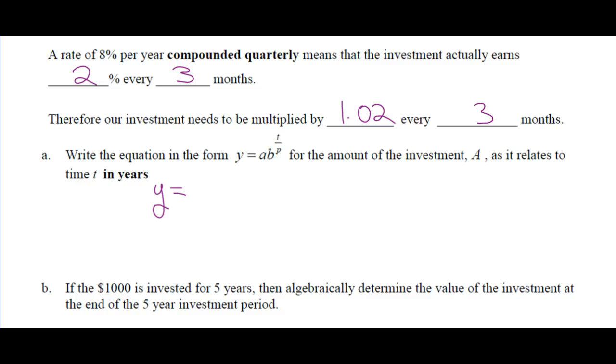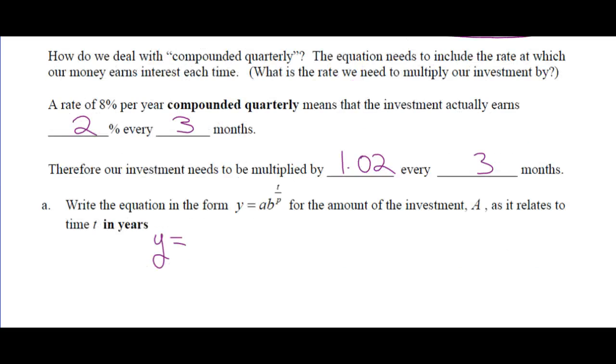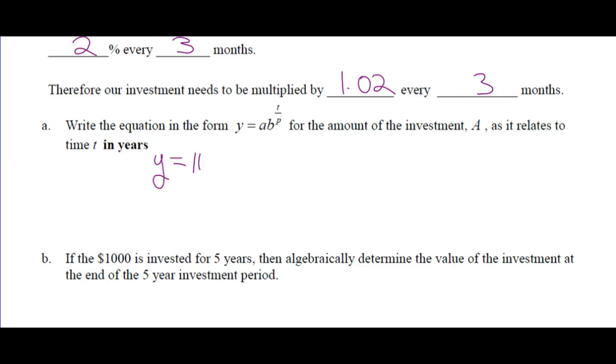Okay, so we have y is equal to, do we have some starting amount? $1,000. Growing at a rate of 2%. And t, so t's in years, so what do we divide by? If you're getting it quarterly, you're getting it.